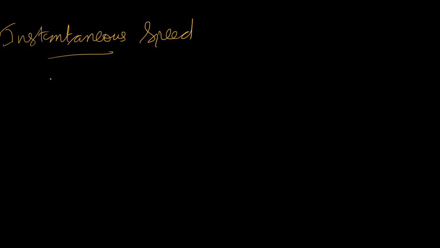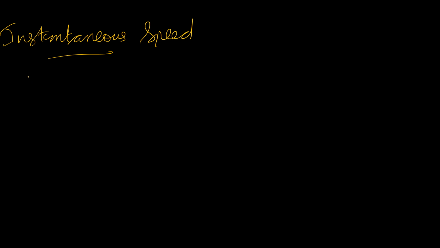In the next slide, we're going to learn about instantaneous speed. Those who don't know the spelling, write it down: instantaneous speed. When an object is traveling with variable speed, then its speed at a given instant of time is called its instantaneous speed.